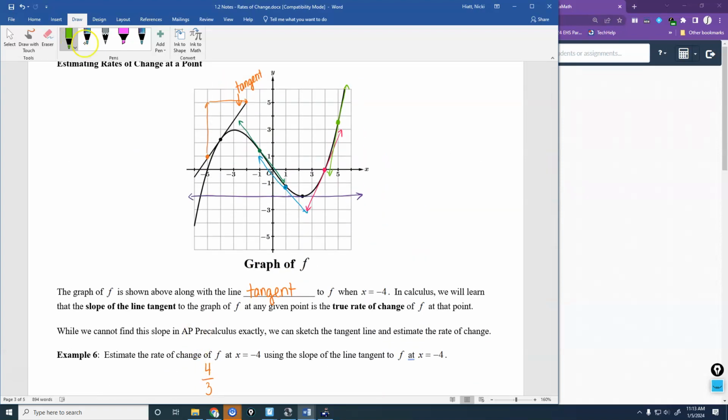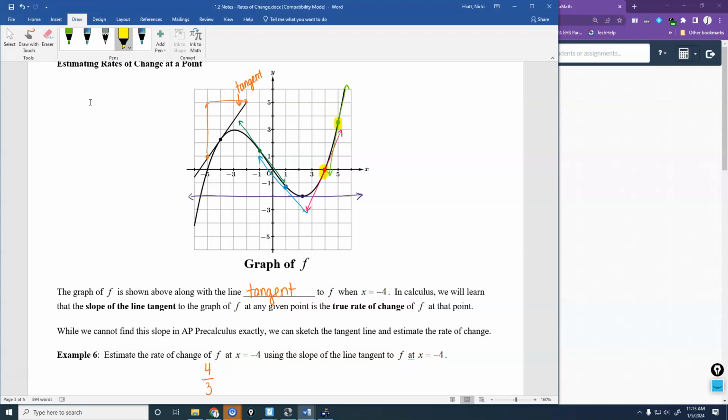So if we go to our graph and look, 4 is right here, and so that's our pink tangent line. And then we've got 5 right here. That's that light green tangent line. Which one appears to have a greater rate of change, the pink line or the green line? 4 or 5? That green at 5, right?